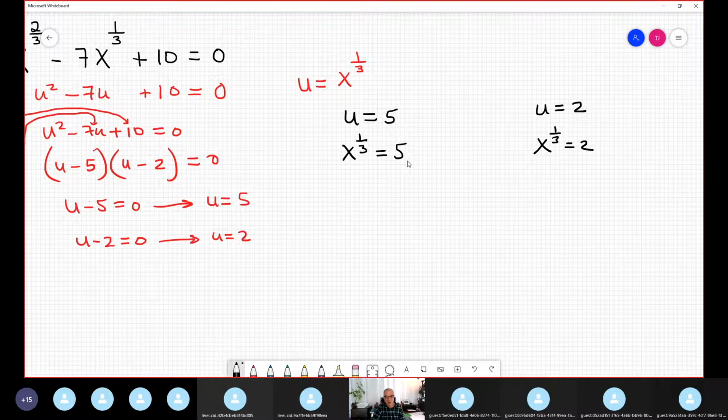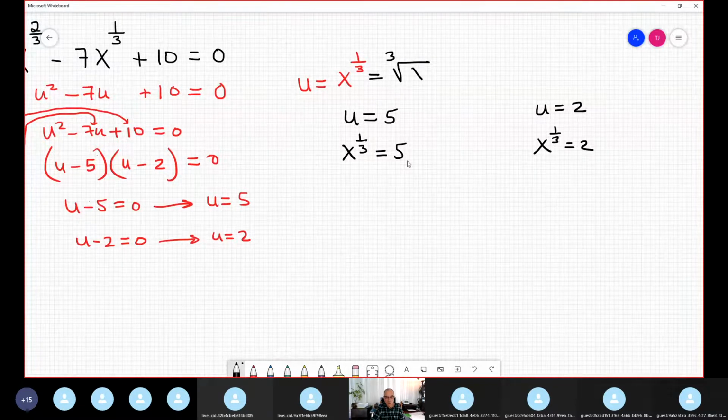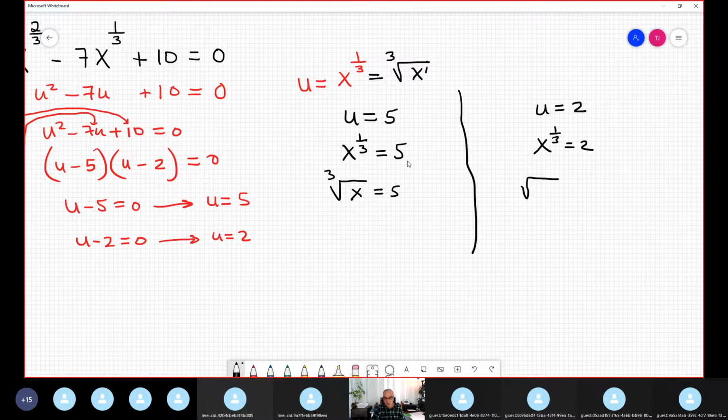And so you need to remember what a fraction exponent means. A fraction exponent is equivalent to a root. The numerator is the power, 1, and the denominator is the index of the root, which is 3. Cubic root of x equal 5, and likewise, cubic root of x equal 2.